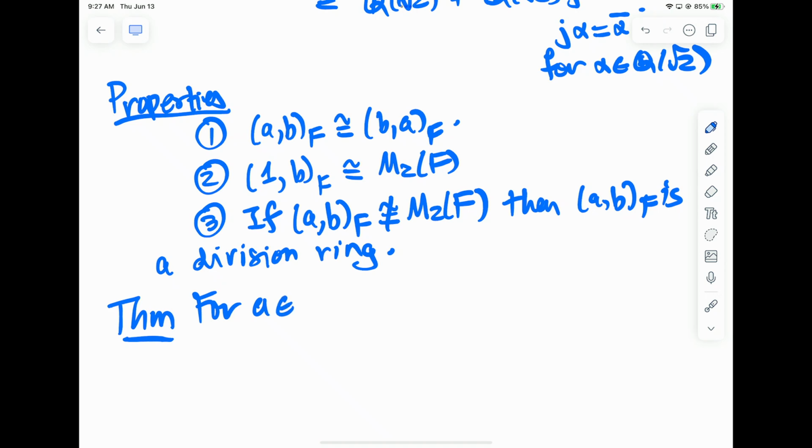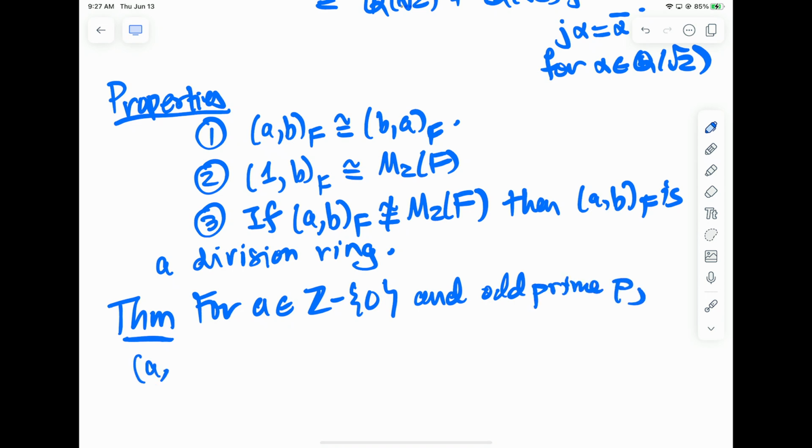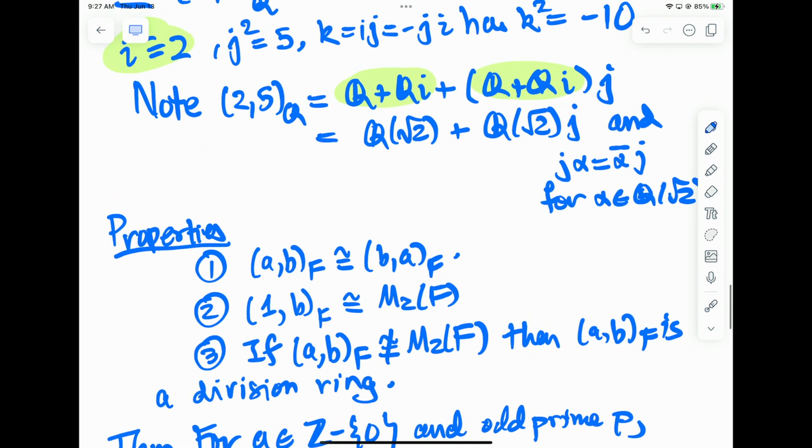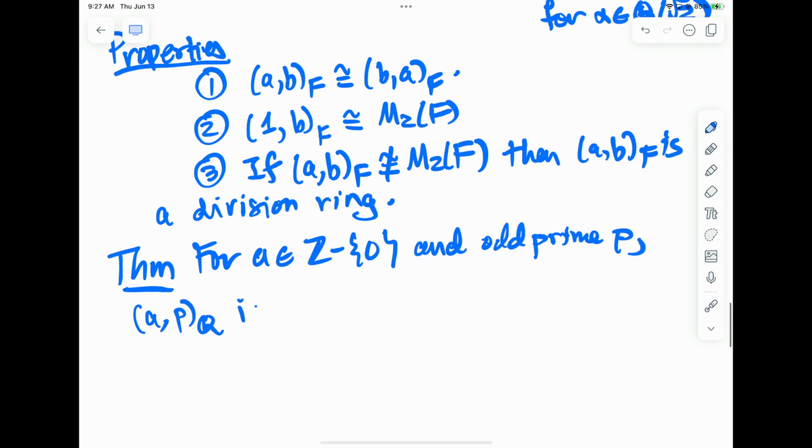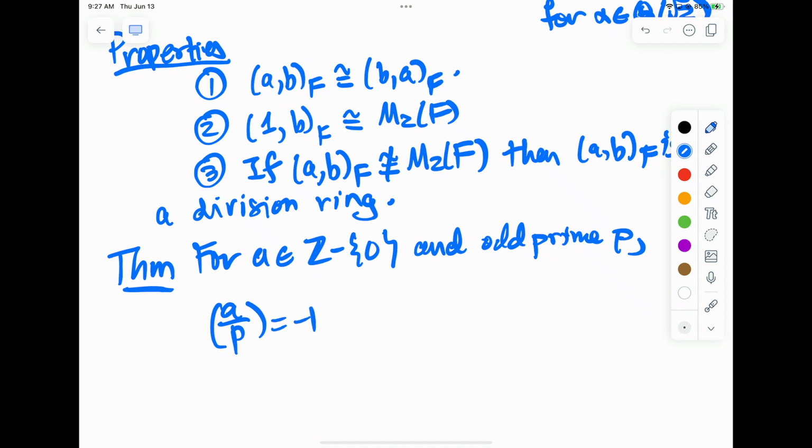If you have an integer A, not 0, and an odd prime P, this construction of the quaternion algebra using the numbers A and P, how about this? I'll say it this way. If the Legendre symbol is -1, if A is not a square mod P, this construction that I've shown you actually is a division ring.